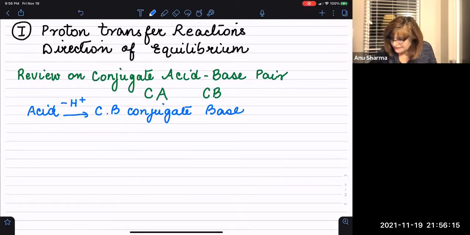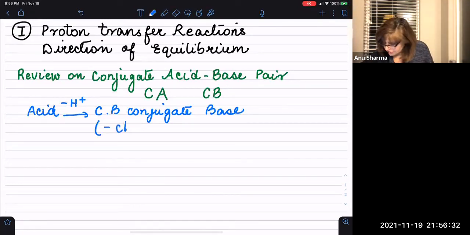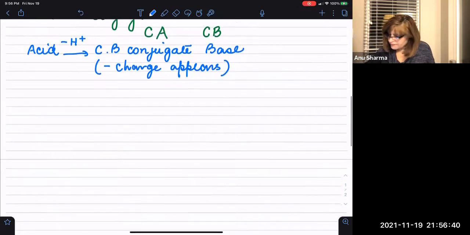So the acid is going to release one hydrogen ion, and it's going to give the conjugate base, which is Cb, which is one less hydrogen ion. And anytime a plus charge is removed, then generally a negative charge appears, because you have gotten rid of the hydrogen ion.